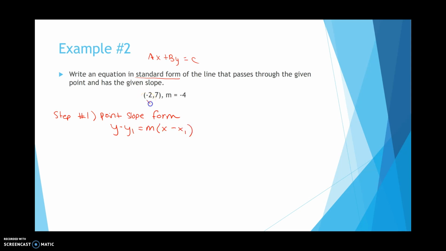So negative 2 is my x1, and 7 is my y1. What I have here is y minus 7 equals m, my slope, negative 4, times x minus my x1, which is negative 2. Remember, double negatives become positive, so that's x plus 2.